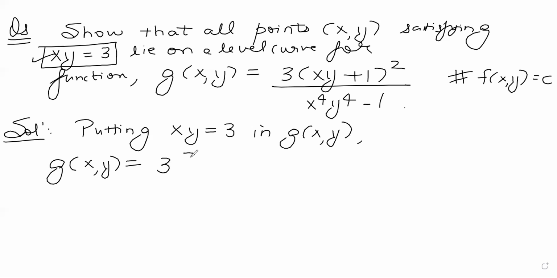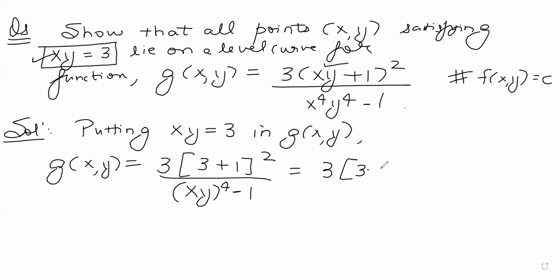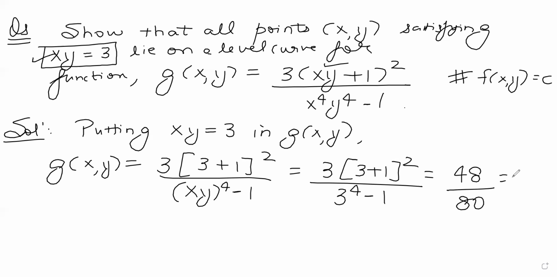So 3 times xy is 3 plus 1, whole square upon, I can write xy to the power 4 minus 1. So xy is nothing but 3. It comes out as 48 by 80, which is equal to 3 by 5.